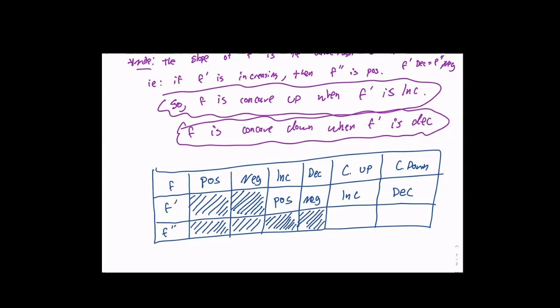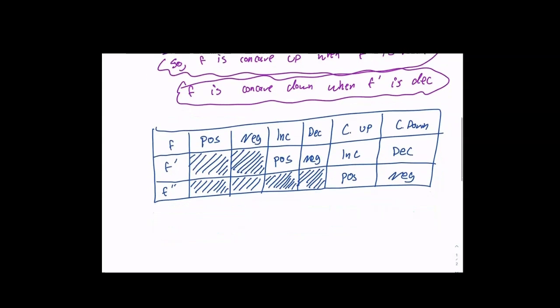However, if f double prime is positive, it tells me that f prime is increasing, which means that the function f is concave up. And if f double prime is negative, this tells me that f prime is decreasing and that f is concave down.